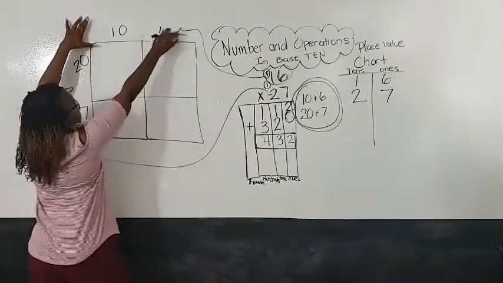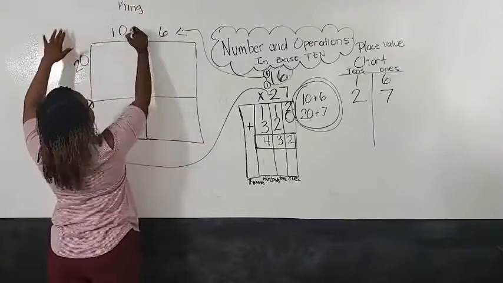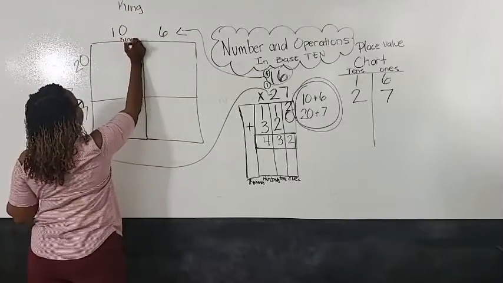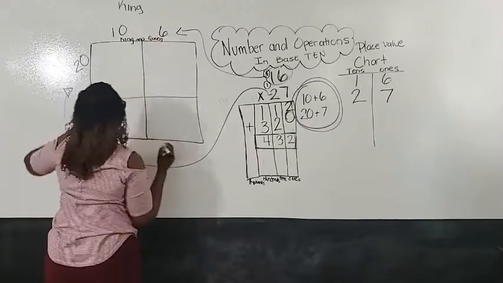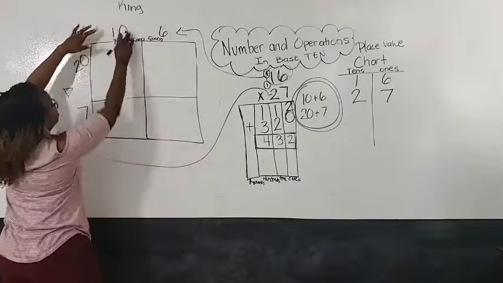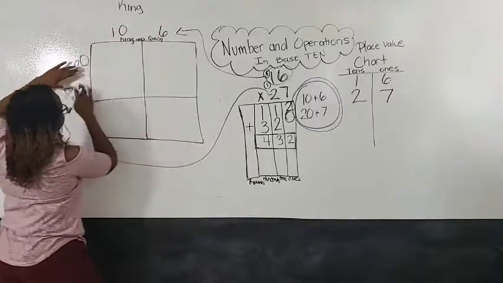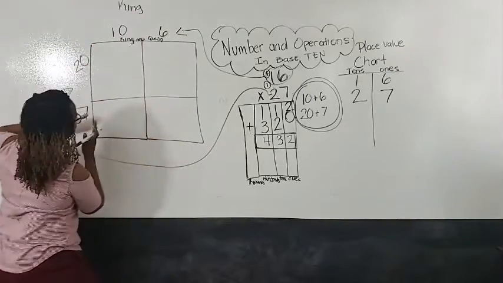So now think about this as your king, and hopefully you can see that, but king and queen. This is what they're going to do. So my king and my queen, they're going to multiply themselves here, and they're going to multiply themselves here. Okay?